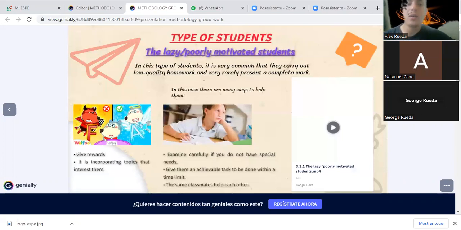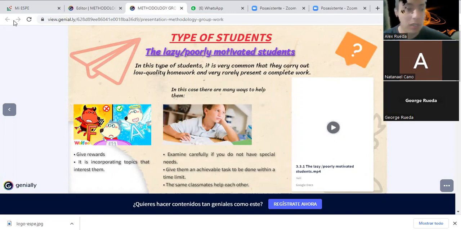There are different kinds of problem students. The first is the lazy or poorly motivated student. In this case, the student is very common and carries out low quality homework and very rarely presents and completes work. In this case, there are many ways to help them.